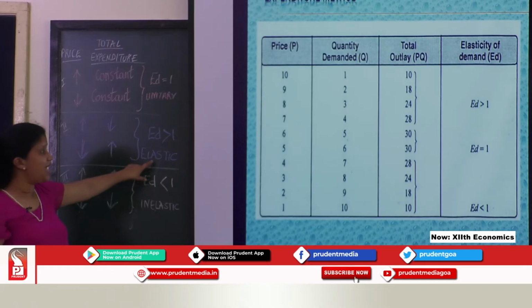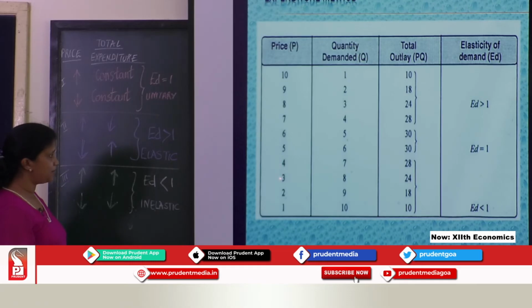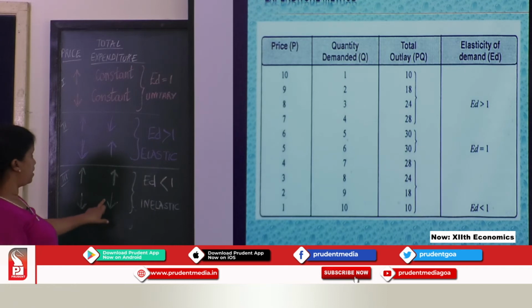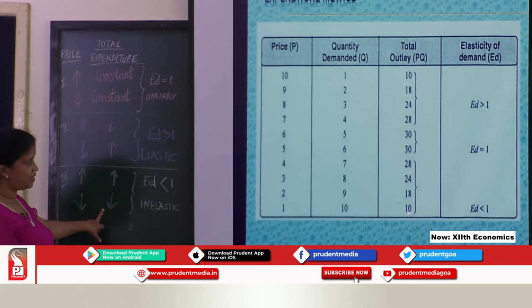And finally, we come down, look at the numbers below 5. When the price comes down, quantity demanded increases. What do you observe about the expenditure? Price has decreased, and expenditure has also come down, from 28, 24, 18, 10.